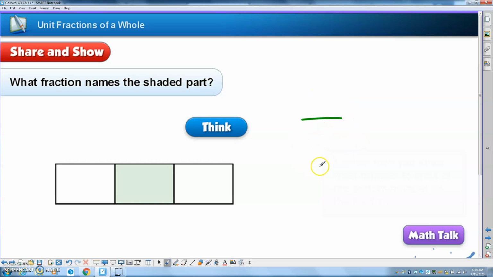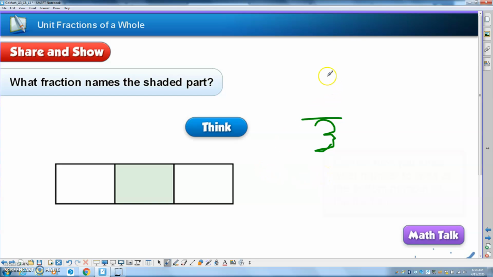That number below, remember, tells us how many parts are in the whole. So let's count. 1, 2, 3. So that bottom number is going to be a 3 because there are three total parts. That bottom number tells us how many pieces are in the whole.